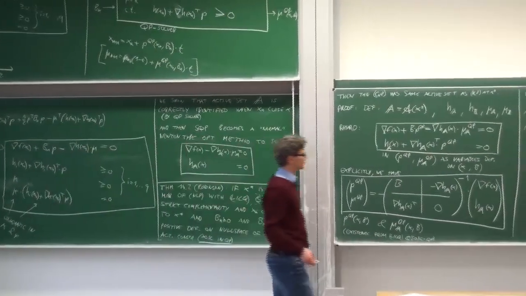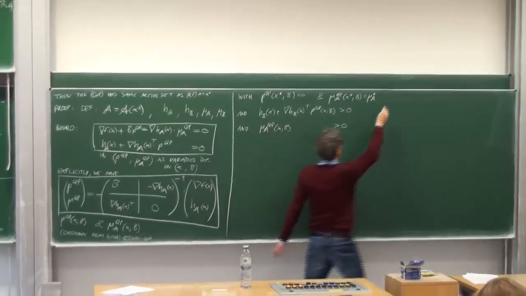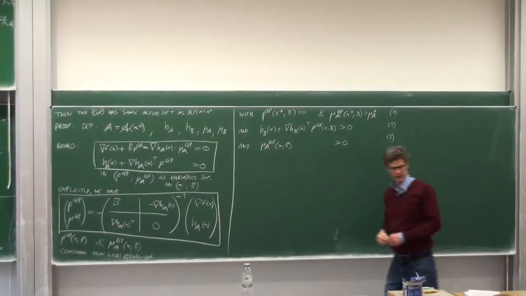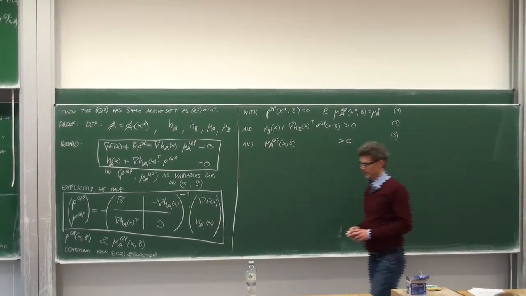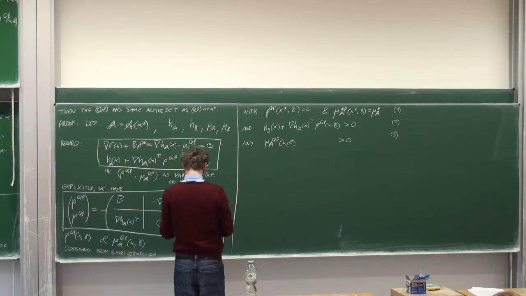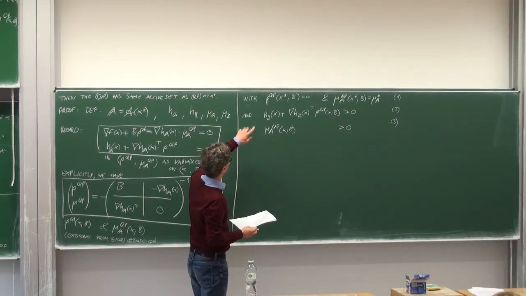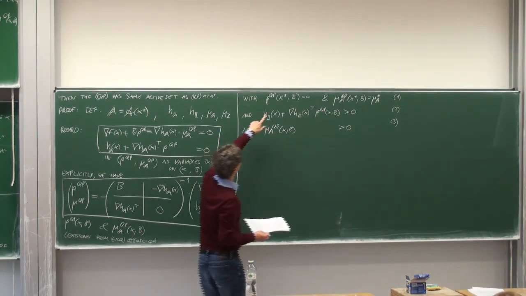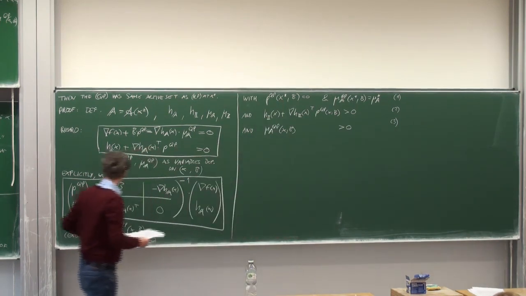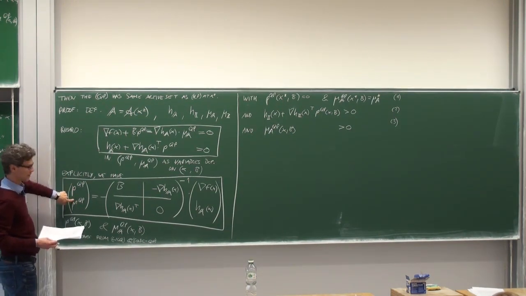So let's prove these things step by step. Maybe I give them numbers, 1, 2, and 3, and we go through these conditions one after the other in order to show that they are all the case. Let's just look at what happens if we evaluate this at x star. We want to show that only 0 and the right multiplier solves this system.